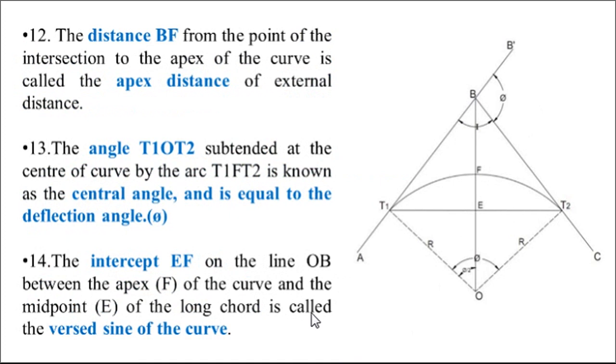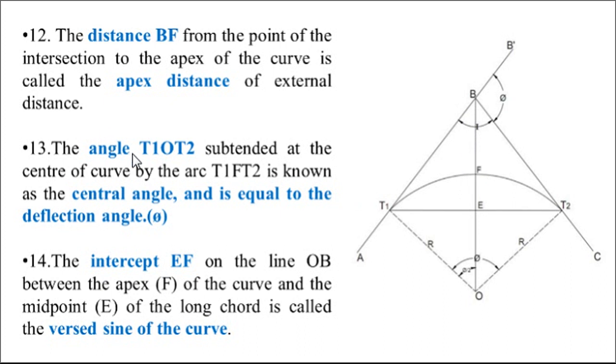The distance BF from the point of intersection to the apex of the curve is called the apex distance or external distance. So from the apex of the curve to the intersection point, whatever the distance is, it is called the apex distance, or also the external distance.